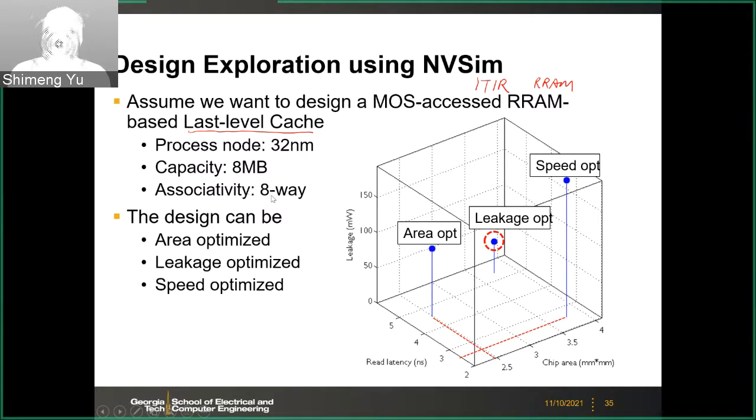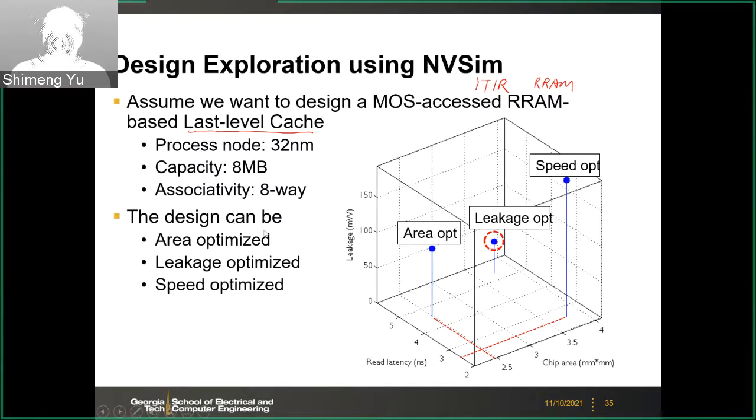We didn't discuss this, but in a computer architecture class they will talk about what associativity is. Due to the mapping from the logical space to the physical space, there is the associativity concept. We will not go into that. This is due to the address and how you do the mapping.